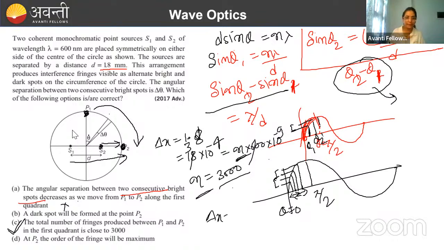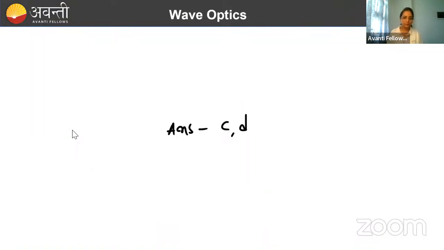For a dark spot, delta X should be a half-integral multiple of lambda like this. Done. And for a bright spot, we have studied, it should be something like this. So which one is correct? Dark spot? No. At P2, the order of fringe will be maximum. Yes. So two options are correct, C and D. Done. Chalo, I hope I have answered it.